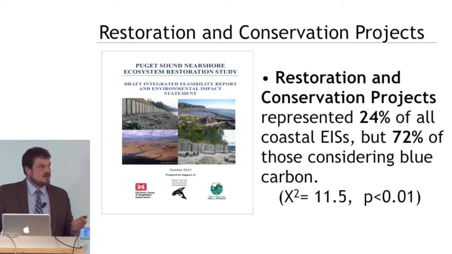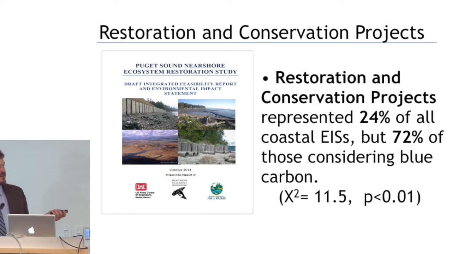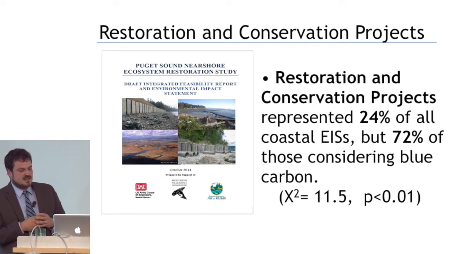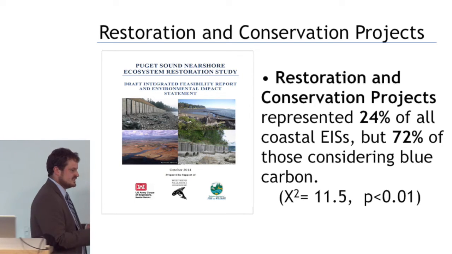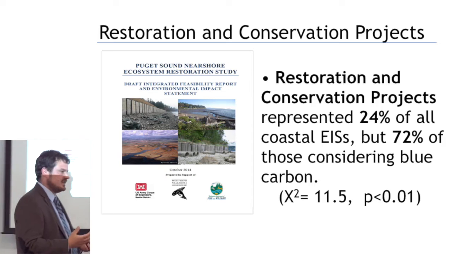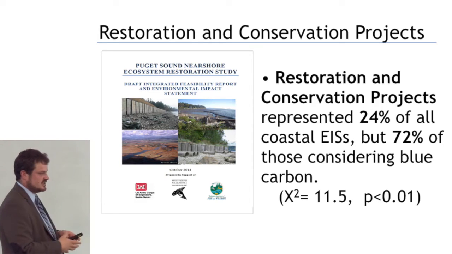The way I'm approaching some of these questions is to look at expected values and compare them using a Pearson's chi-square test. First, lo and behold, not all that surprising, restoration and conservation projects overperformed in their consideration of blue carbon. This is a flexible policy space, right? If you're drafting an environmental impact statement, you don't actually have to consider this ecosystem service.